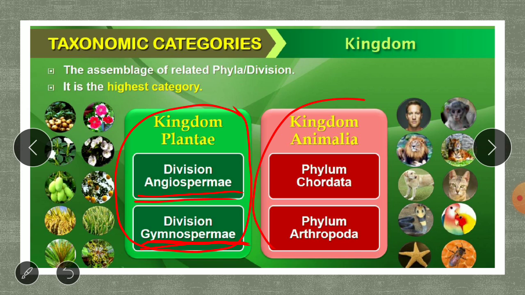Kingdom Animalia. In this, those who are having the backbone and those who are not having the backbone are included in kingdom Animalia. In this you can take an example, phylum Arthropoda, all the insects, right from the honeybee, or you can take phylum Echinodermata, your starfish.